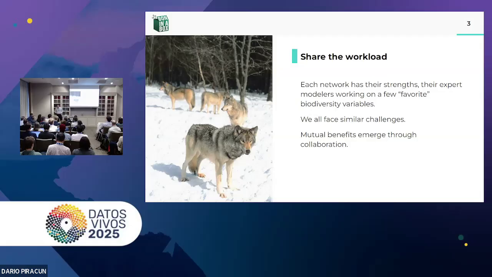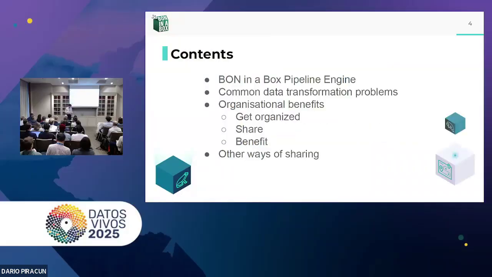Biodiversity Quebec is doing SDMs, and correcting bias. All these organizations have their favorite indicator, their favorite variable in which they are experts. But we all face the same challenges. So why not share this knowledge in an even more easy way and get the mutual benefits that emerge from this collaboration?